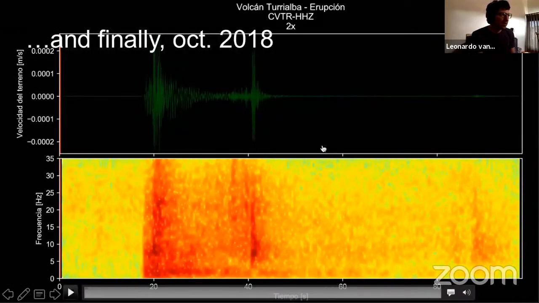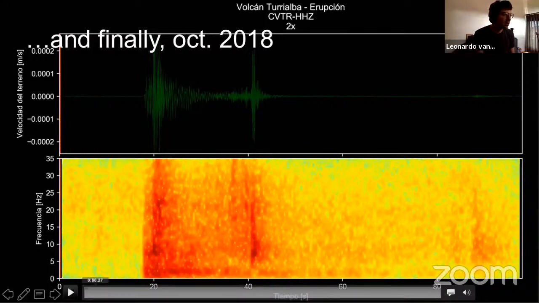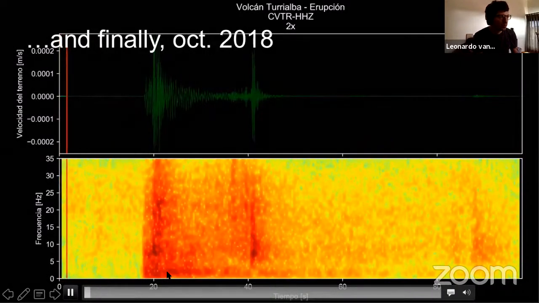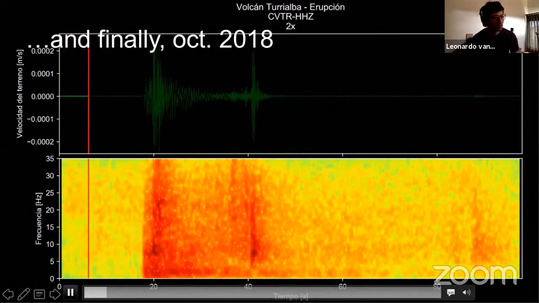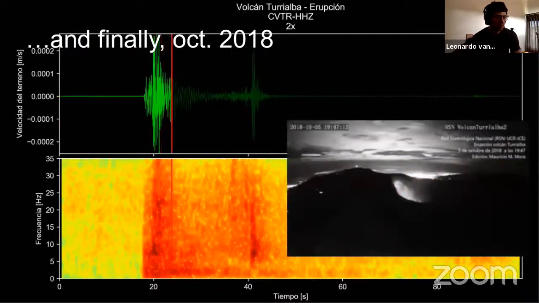So finally, by 2017 and 19, we started to see these beautiful explosions. This is the seismic signal related to one of those, and we also have the video of it.